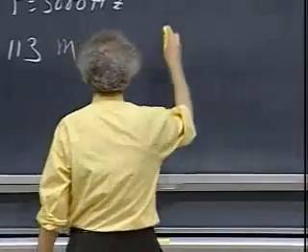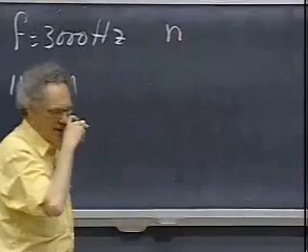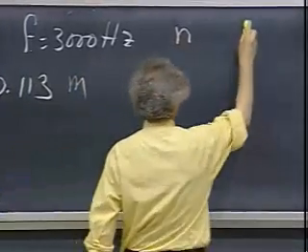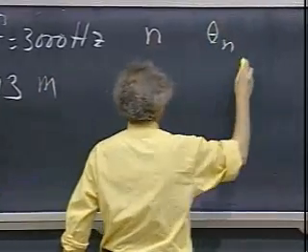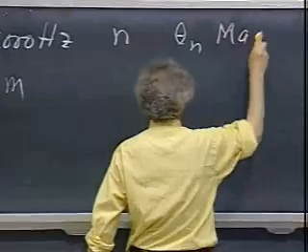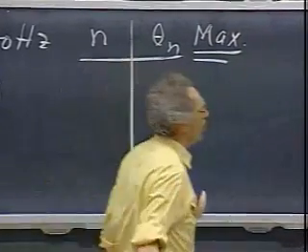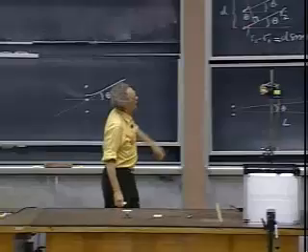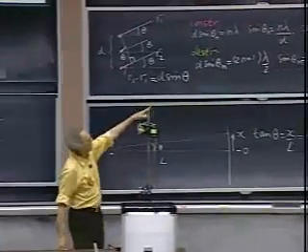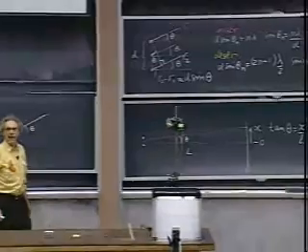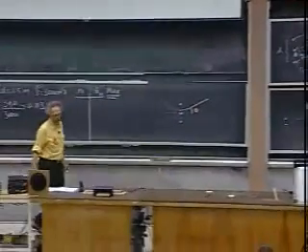The first thing that I'm going to do is give you n, as in Nancy, and calculate that angle theta n, and I will do it for the maxima. In other words, I'm going to use constructive interference, and you see that the sine of theta n is n lambda divided by d. That's the equation I use.